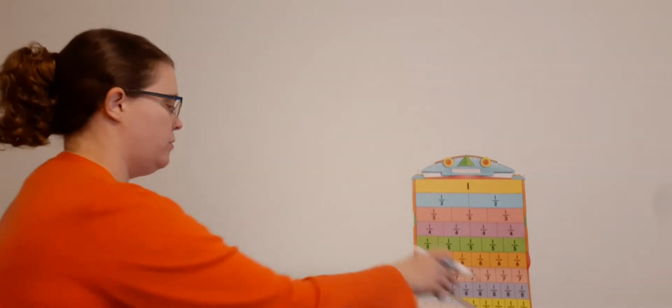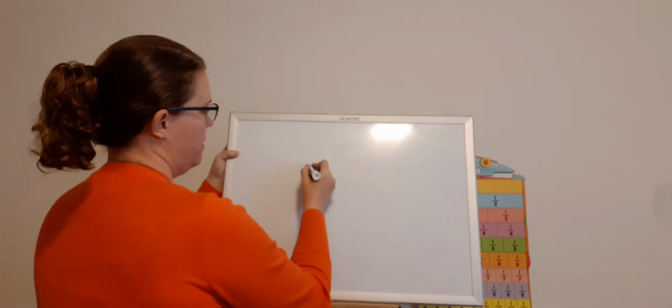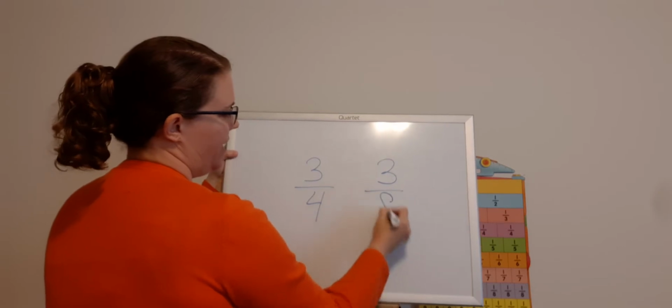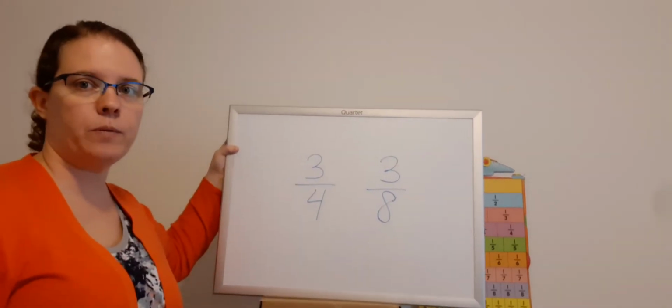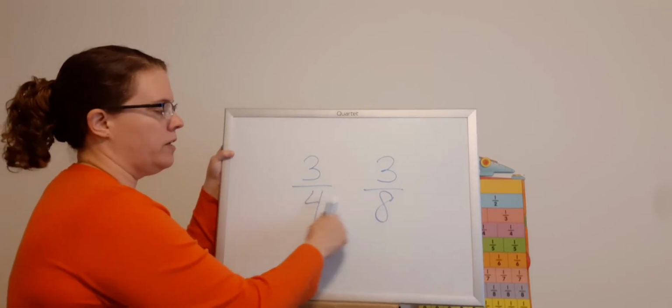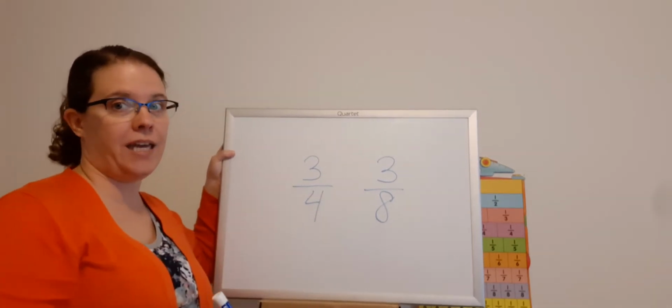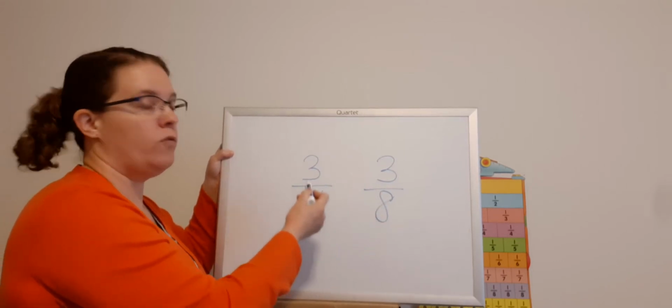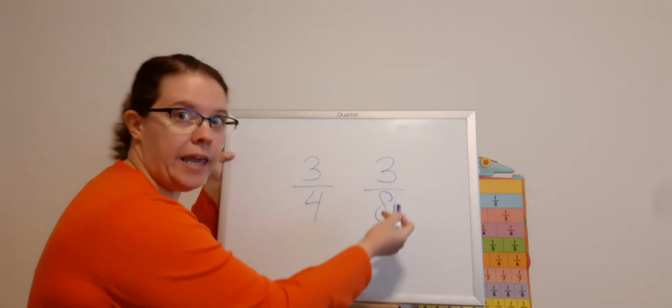Okay, so if I have 3/4 and I have 3/8, okay, and my numerators are the same, I got to think differently about my denominators. I can't just compare 4 and an 8. Okay, remember, I got to compare 4ths and 8ths.